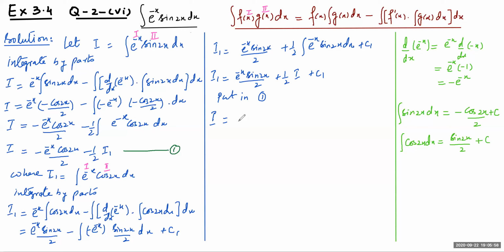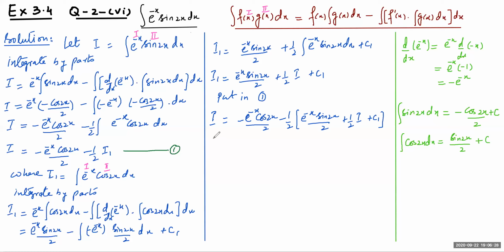I is equal to minus, this is result number 1, minus e to the minus x cos 2x divided by 2 minus 1 by 2, and put the value of I1 here. It will become e to the minus x sine 2x by 2 plus 1 by 2 I plus c1.